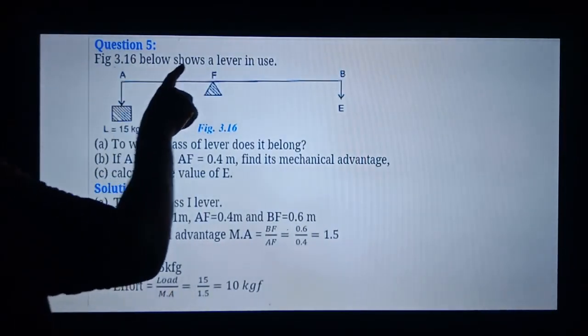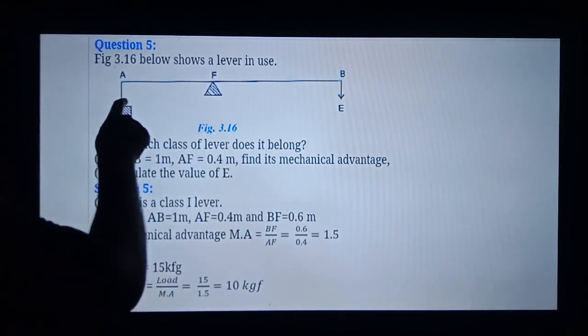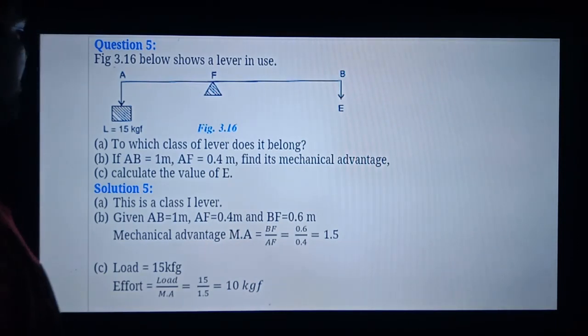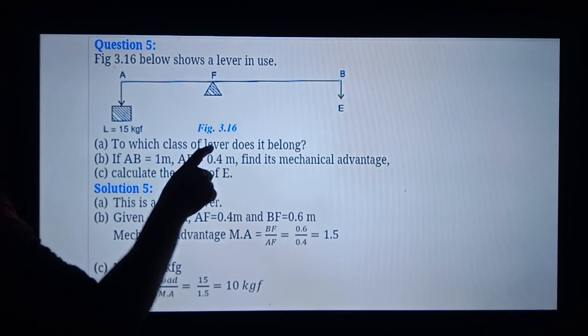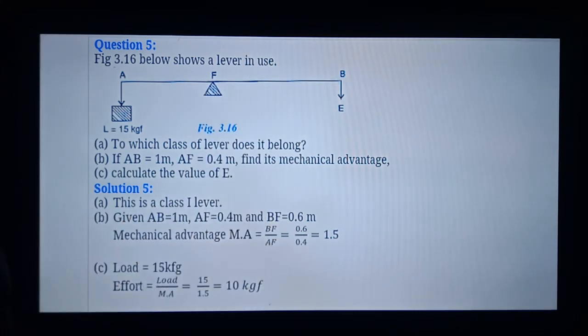The figure below shows a lever in use. It is a class first lever, with fulcrum, load and effort. The load is 15 kgf. To which class of lever does it belong? Simple, it is a class first lever. B part.